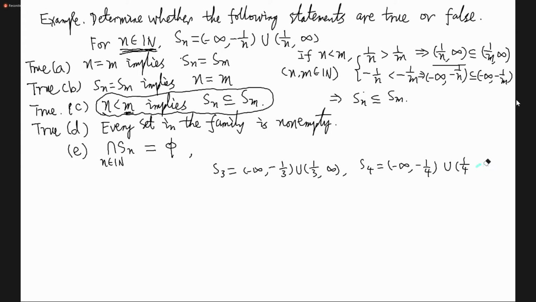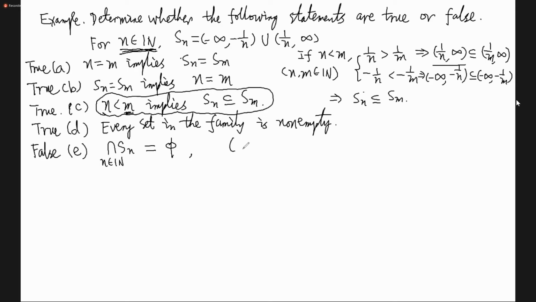All right. Okay, so here, this is false, because the intersection of Sn as n is in N is equal to S1, which is negative infinity to -1 and 1 to infinity.